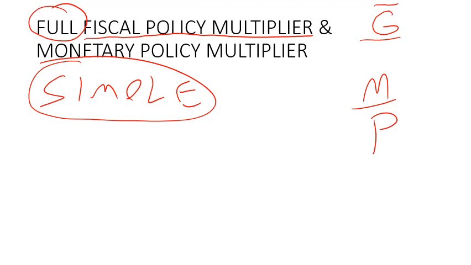Matters are complicated when we look at the two markets together, the goods and services market and the money market. So now in our calculations, you're going to see that there's a big difference between the full fiscal policy multiplier and the simple fiscal policy multiplier.